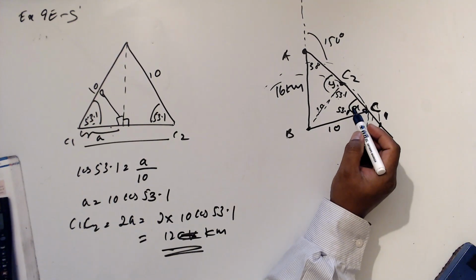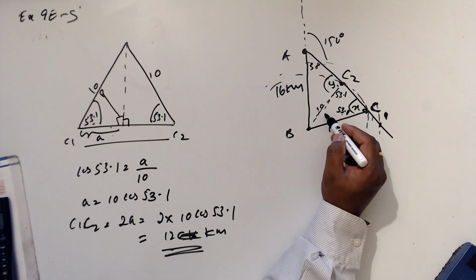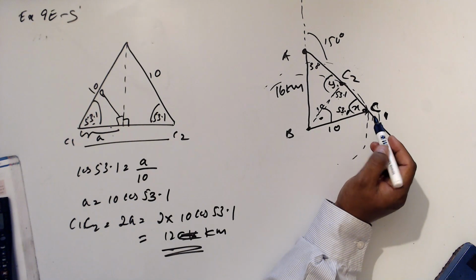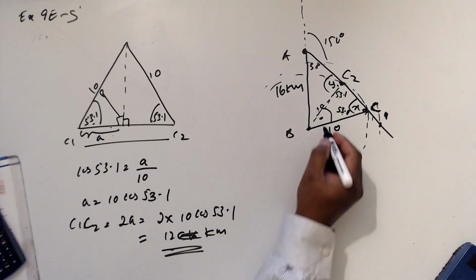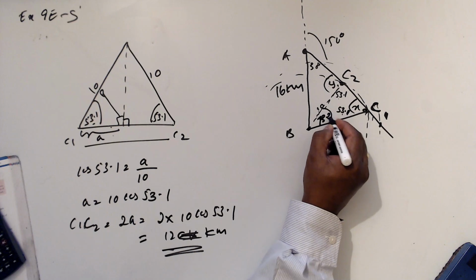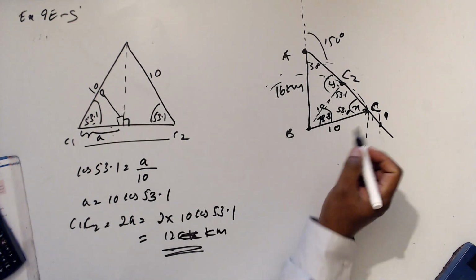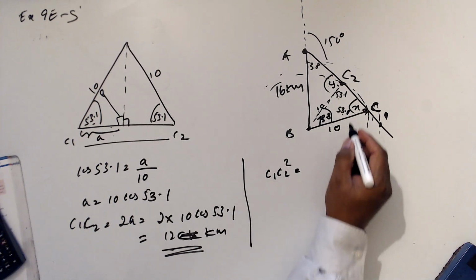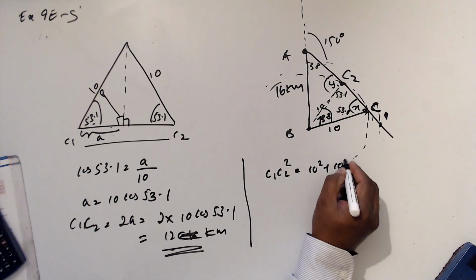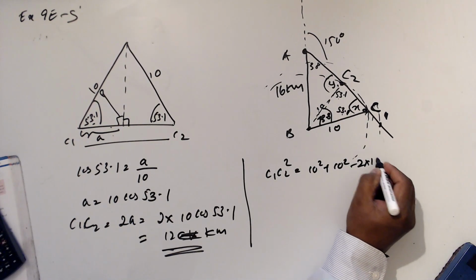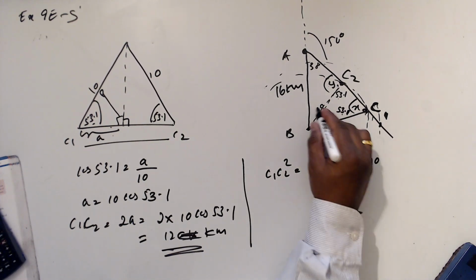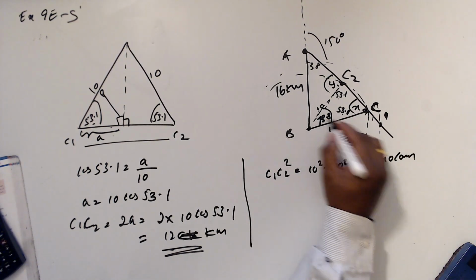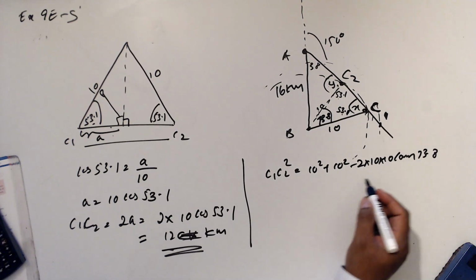Also you can use this 53 and find this angle, and you can use the cos formula as well. So this angle is going to be 73.8, 180 minus this one. Then you can use this one: C1C2 square equals 10 square plus 10 square minus 2 times 10 times 10 cos 73.8.